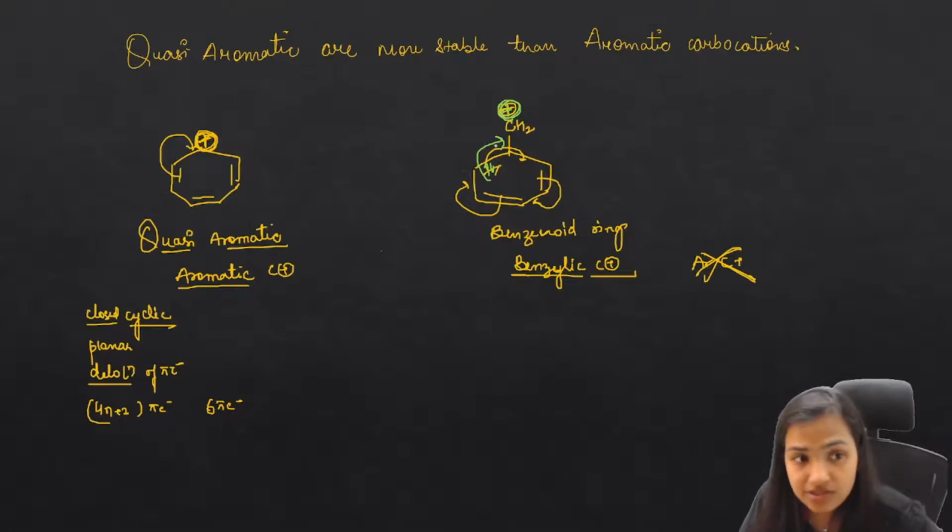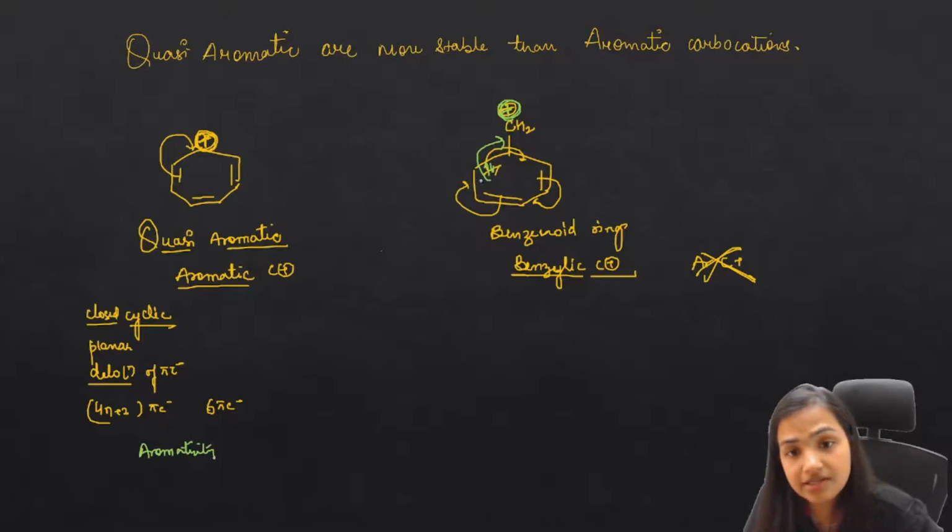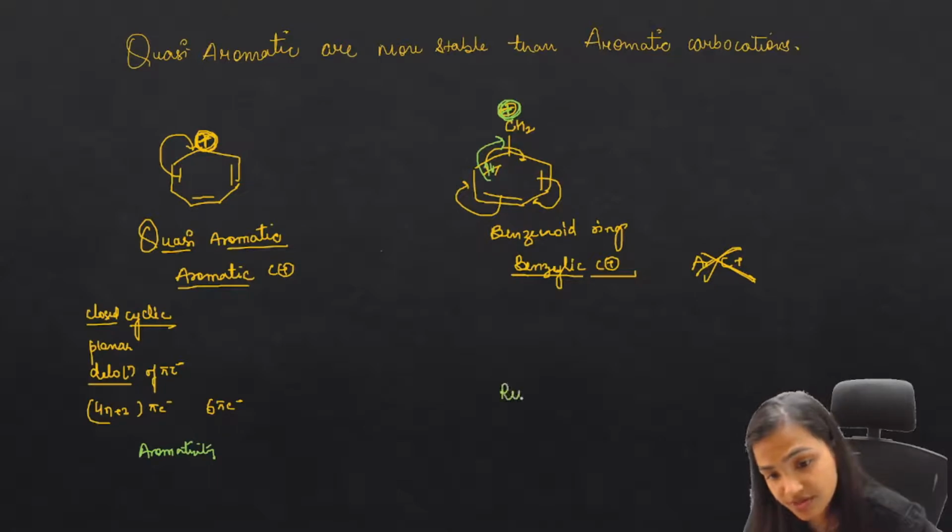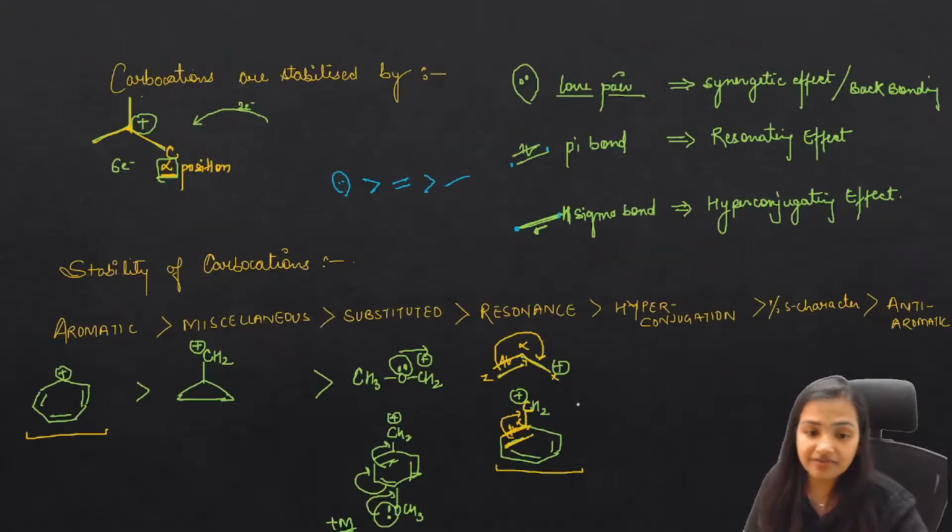Got the point? So here it is getting stabilized because of aromaticity, and here it is getting stabilized because of resonance. So the factors which are stabilizing both of them are different. That's how we can say that this is a resonance stabilized carbocation, and this is an aromatic carbocation.